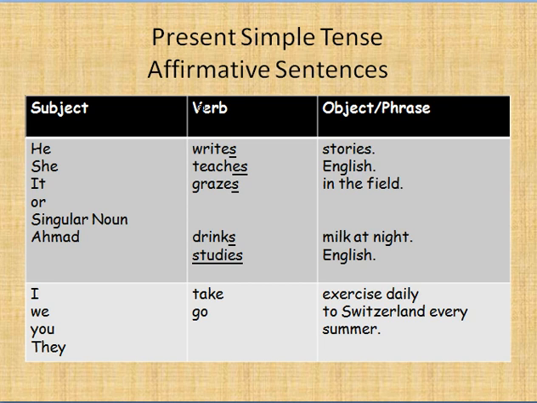In present simple tense, in affirmative sentences, if you have he, she, it or a singular noun in the beginning of a sentence, then you add s or es to the main verb.